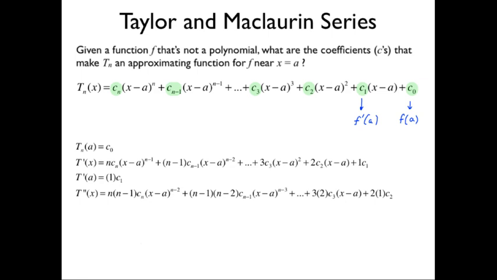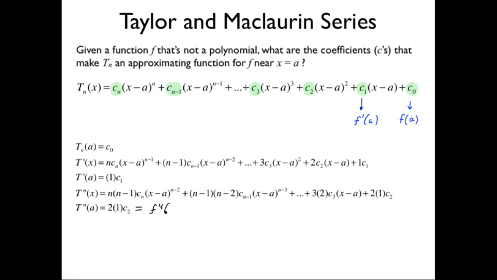And so what will the second derivative at a equal? What will T double prime of a equal now? 2c2, okay? And so when I plug a into the polynomial's second derivative, I would want to get what value? What do I want to get? f double prime of a, right?